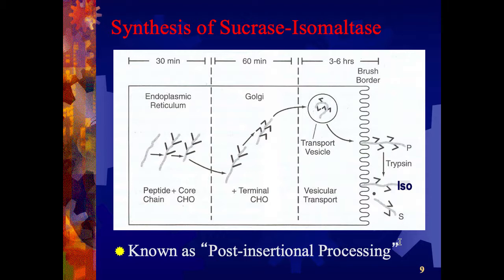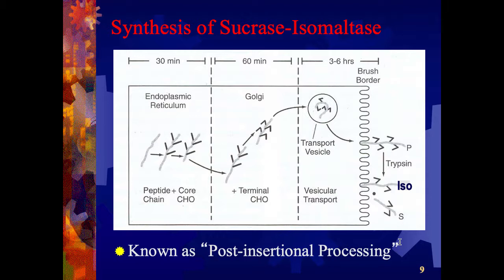Yes? So after the trypsin has broken it into 2 enzymes, why is the isomaltase still embedded? They both are. Oh, okay, that's what you're saying. Yeah. So they are embedded, about 95% of the protein hangs into the lumen.